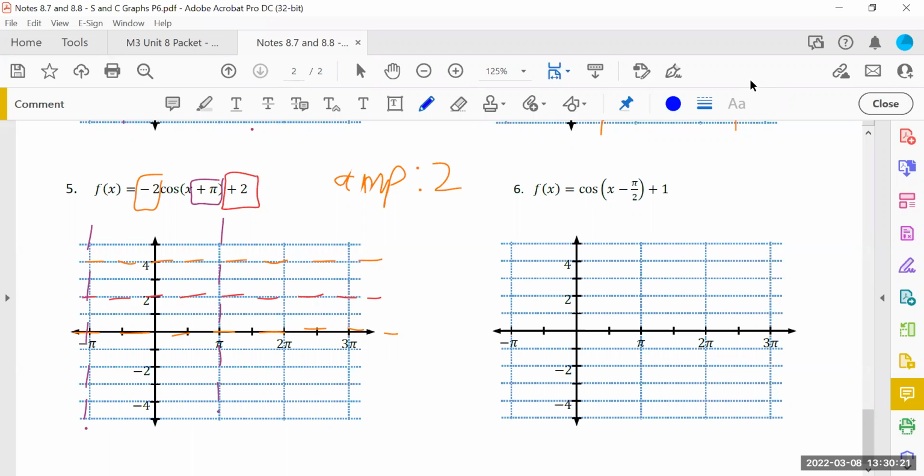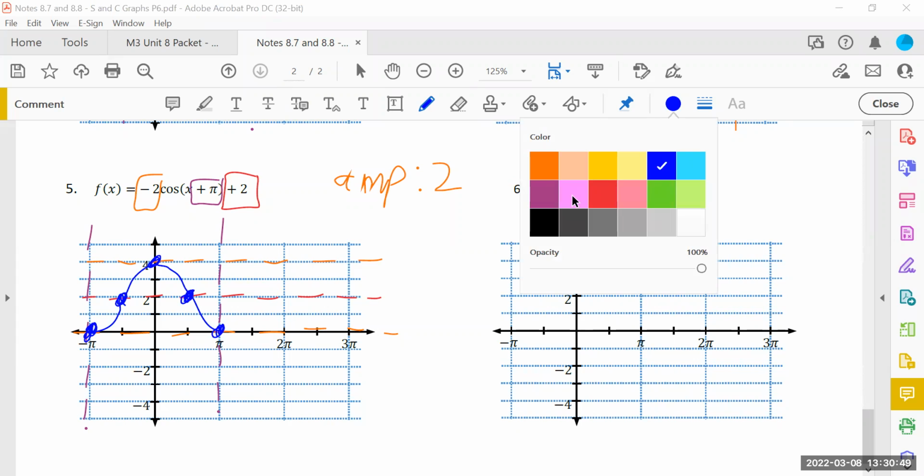It's either top or bottom. If it's negative, it starts on the bottom, the mirror image kind of this original cosine graph. So starting down here at the bottom, middle, top, middle, bottom. Then connect the points with that smooth sine curve. Then we can continue it on.